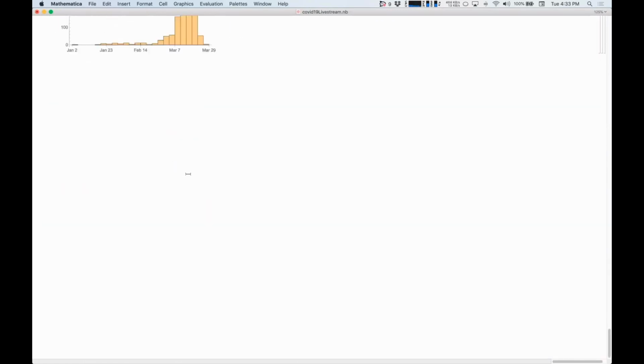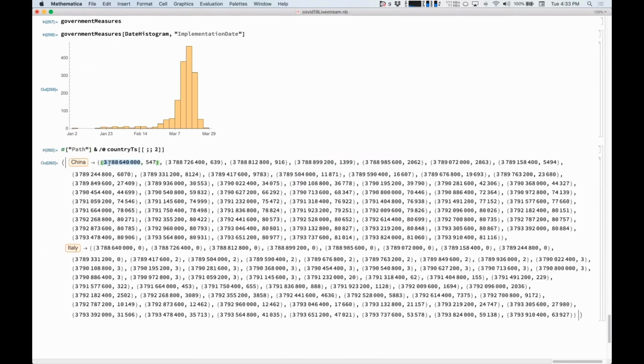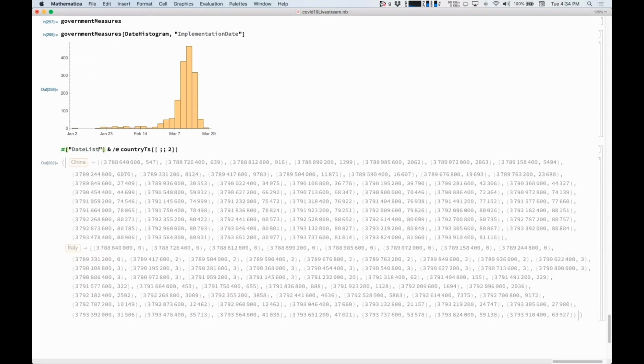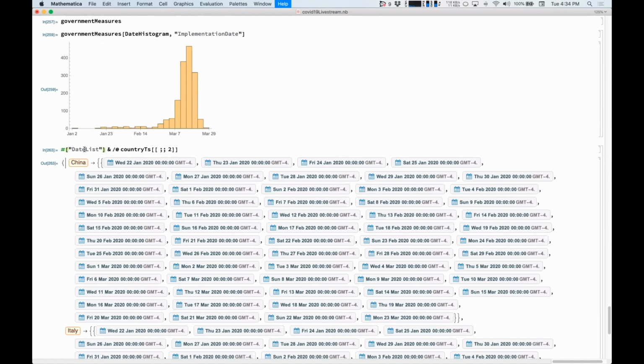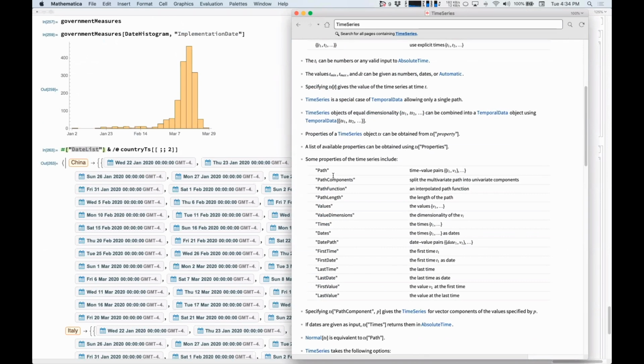Yeah, so what was that called? We had country TS. This is the main thing. So we want to see what is the first date where it goes over 100. Let's try this. And we'll say, oh wow, I didn't know it did it like that. Maybe we'll say no. It's because I did path. There's another one that's called like date. What you want is date list and value. There's a thing that does this.